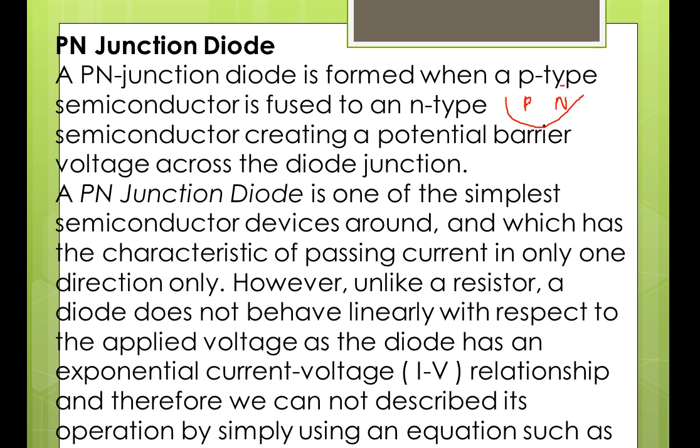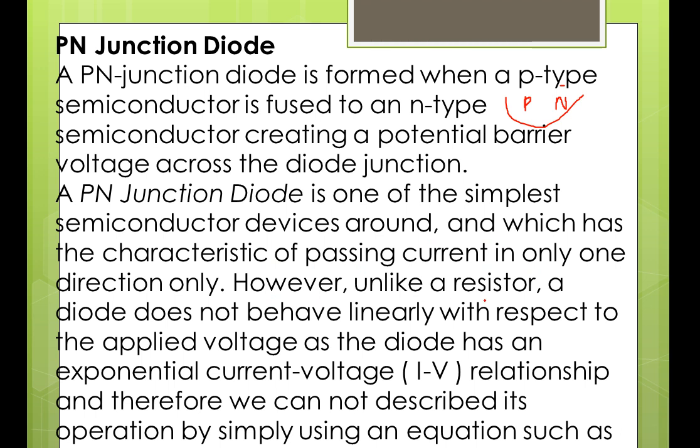In a PN junction diode the current flows only in one direction. It is one of the simplest semiconductor devices around, with the characteristic of passing current in only one direction.